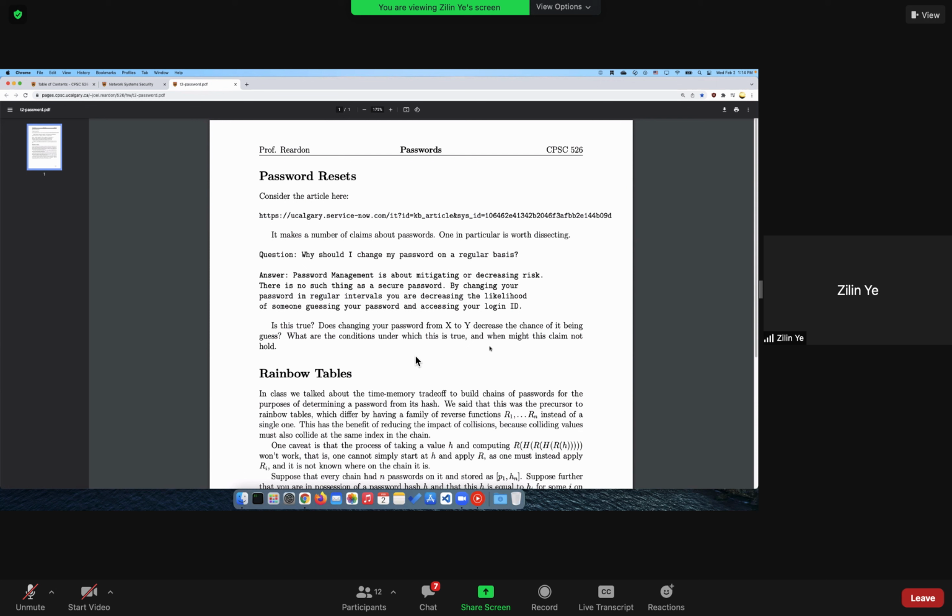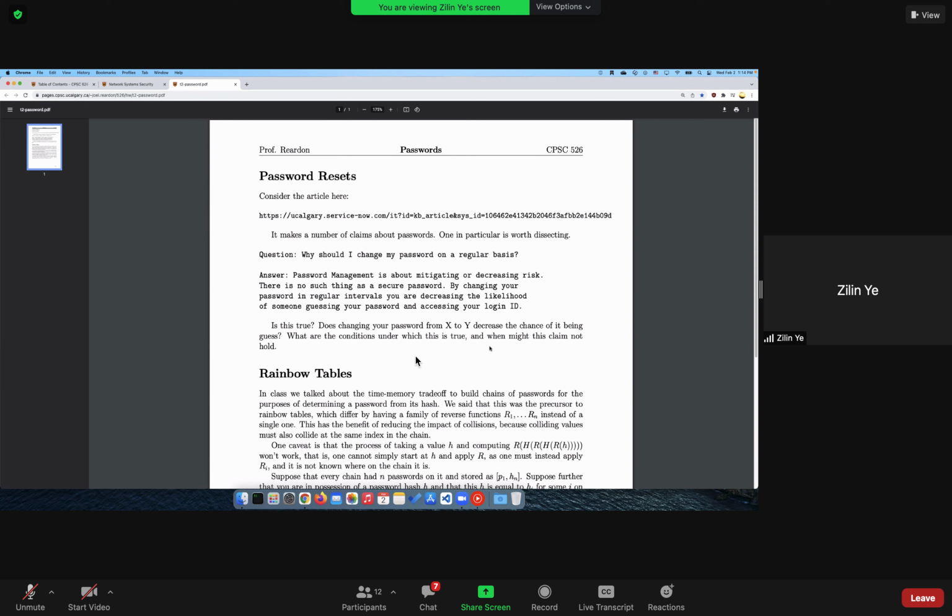You can only use alphabet characters, uppercase and lowercase, and numbers, and probably some special characters, right? So the whole password set is finite. When I say the whole password set is finite, that means you can literally list all the possible passwords within this set.